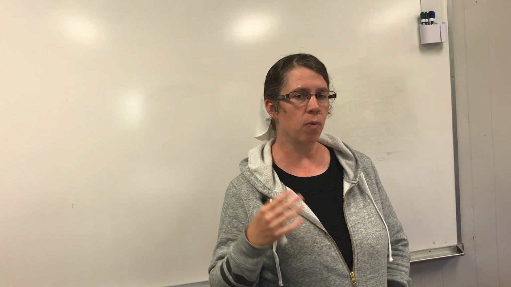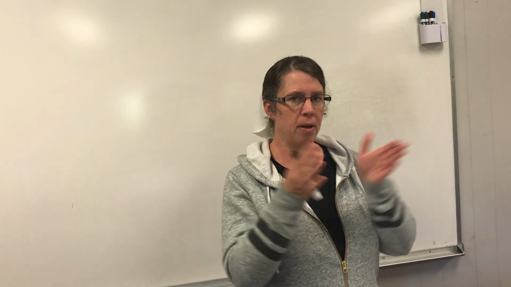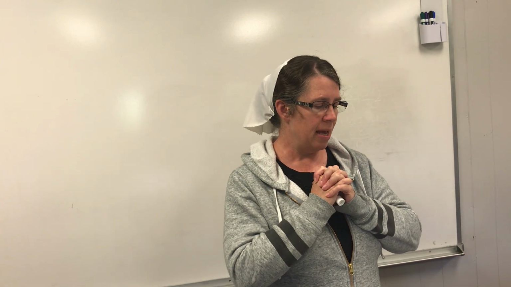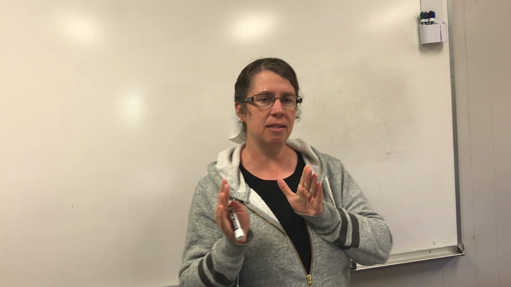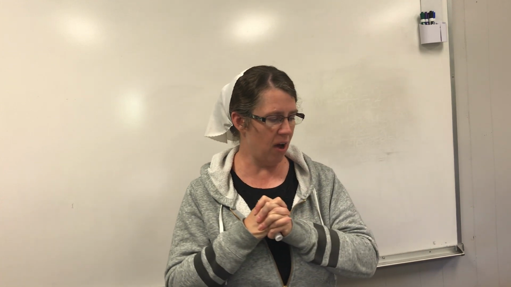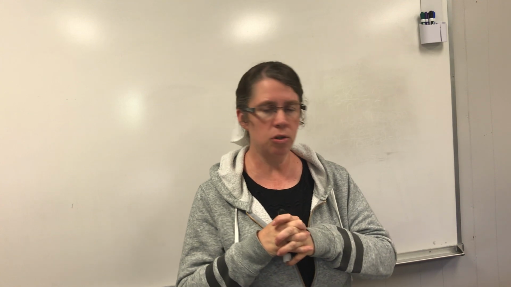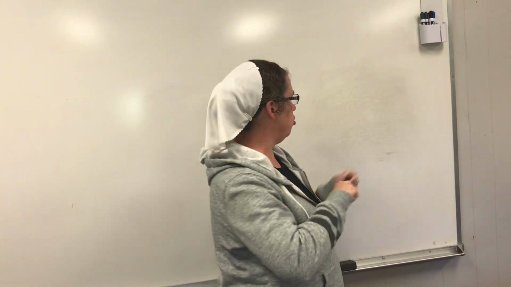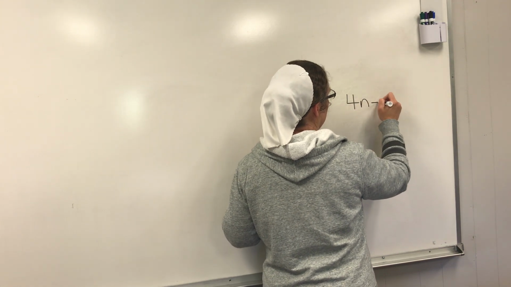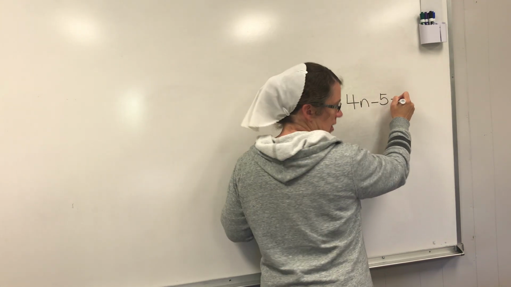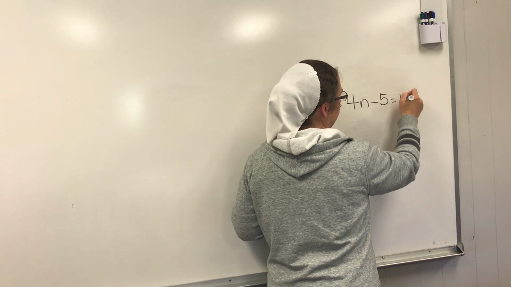So the product of 4 and a number, so it would be 4n, multiplying together, 4n less 5. What do we do when we have less? Something is less, you subtract 5. Is, or equals, 11. So you've got the product of 4 and a number less 5 is or equals 11.